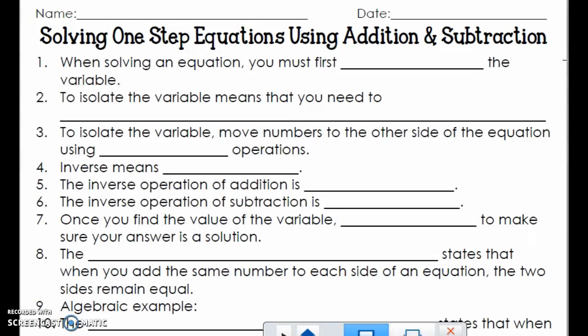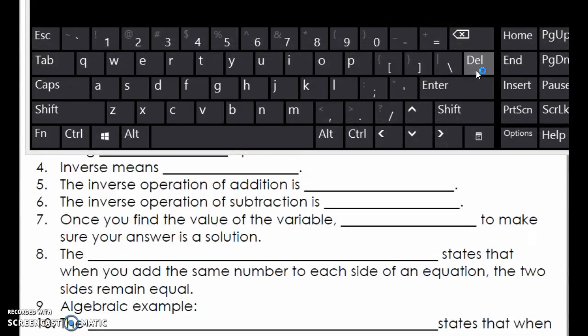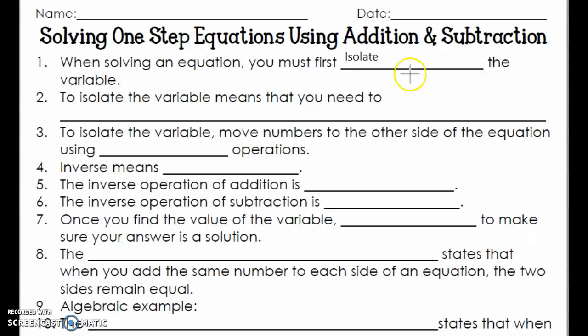So number one, it says when solving an equation you must first, and we're going to think about this, do what with the variable? The thing we're going to do is isolate the variable. To isolate the variable means that you need to, do you know what that means?